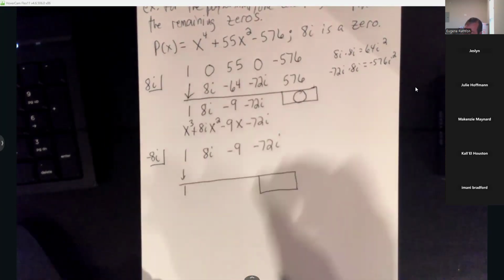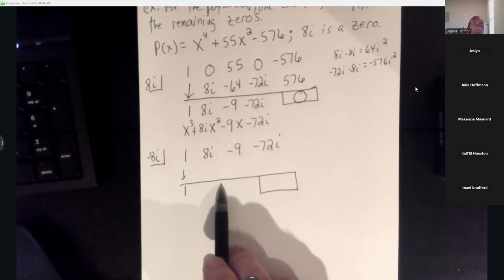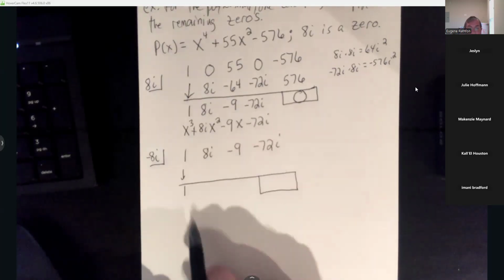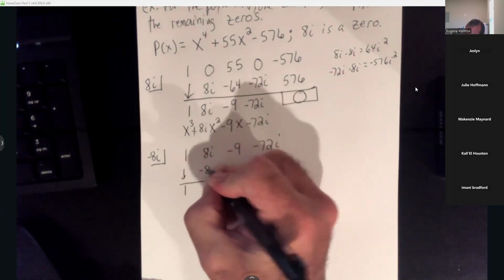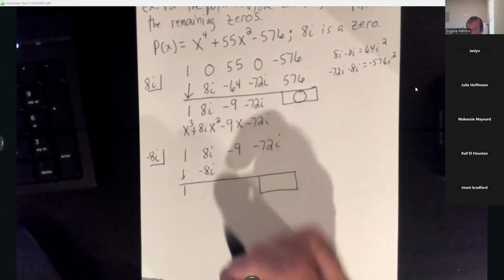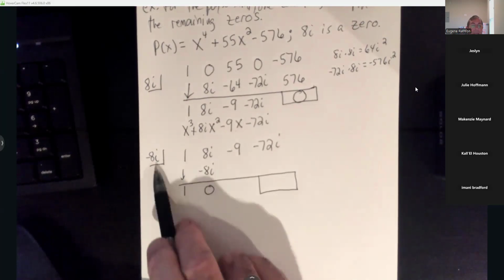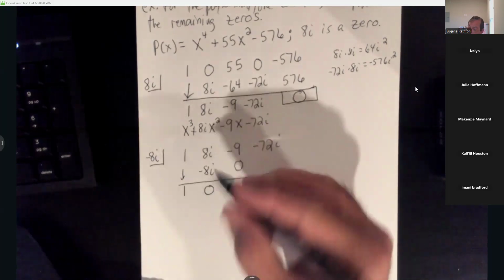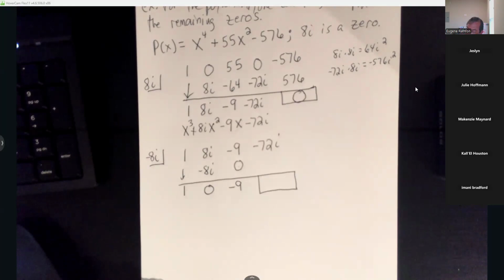Bring the 1 down. Now, after I do this, this will give me three numbers. In those three numbers, I'm going to solve doing some kind of quadratic method, okay? Y'all watch this. 1 times negative 8i is a negative 8i. 8i and negative 8i give me a 0. 0 times negative 8i is 0. Negative 9 plus 0 is negative 9. And y'all look at that.